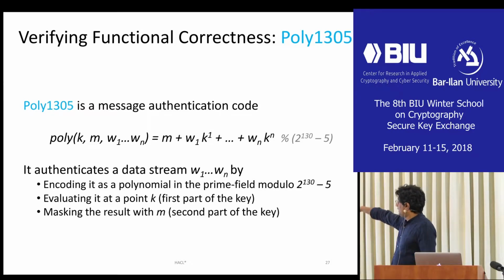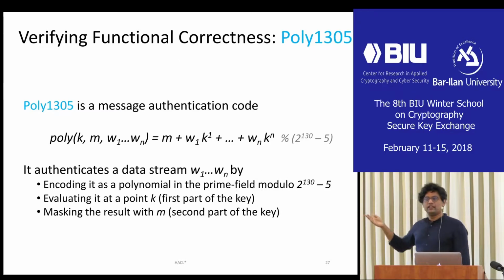What you're going to do is compute a polynomial like this: m plus w1 k plus and so on, plus wn times k to the power n. You compute a polynomial on k using the message w1 to wn as the coefficients. And you evaluate this polynomial modulo some prime.